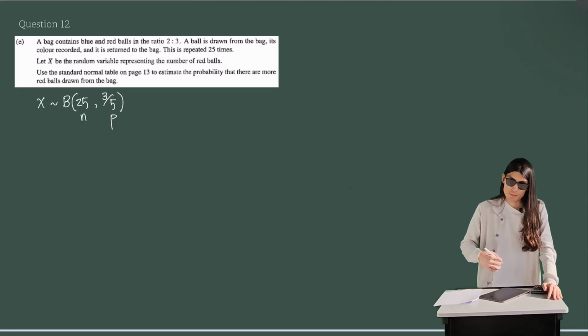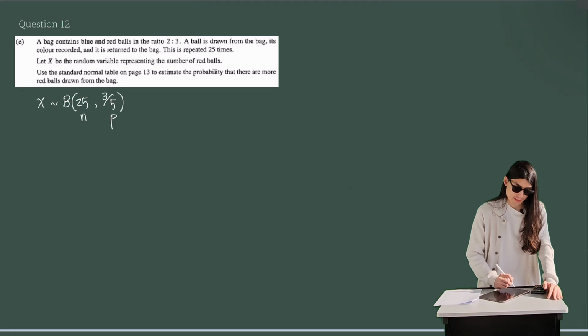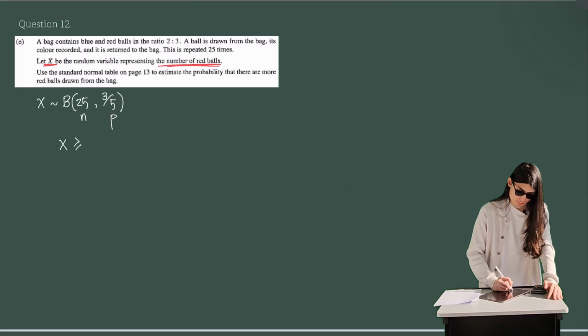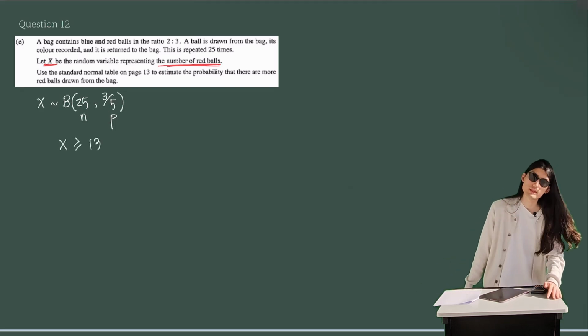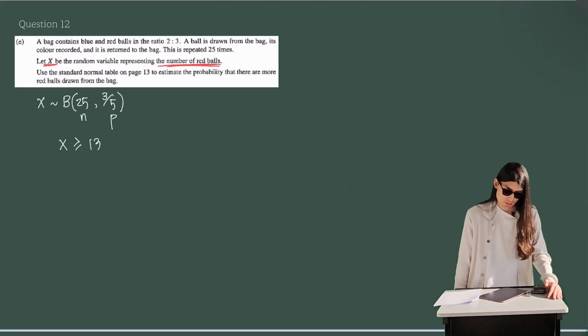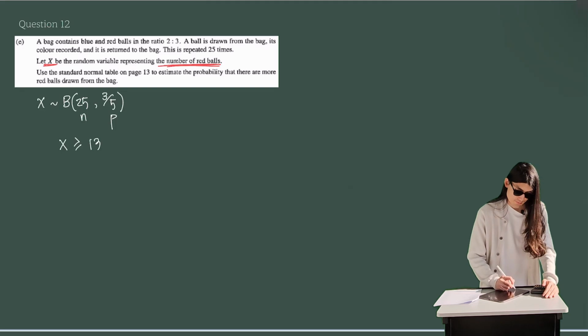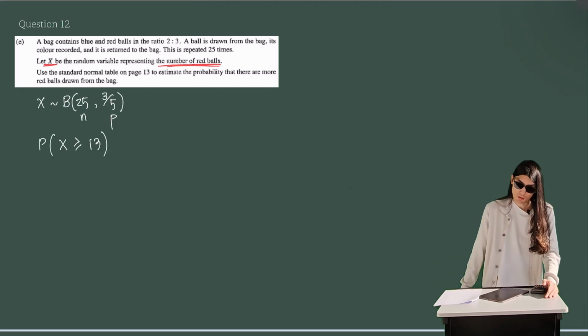Okay, so in other words, the x, which represents what again? Number of red balls, must be greater than or equal to 13, doesn't it? And your job is to find the probability of this occurring.